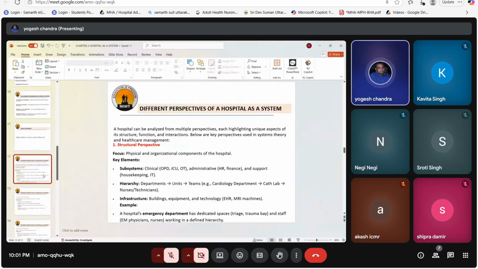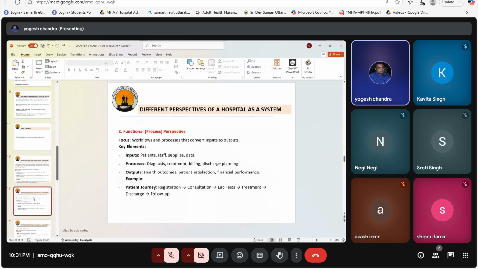For example, a hospital emergency department has dedicated space, triage, trauma bay, all these kinds of things. So this is the structural perspective of the system, when you are thinking about the system in accordance with the structure.